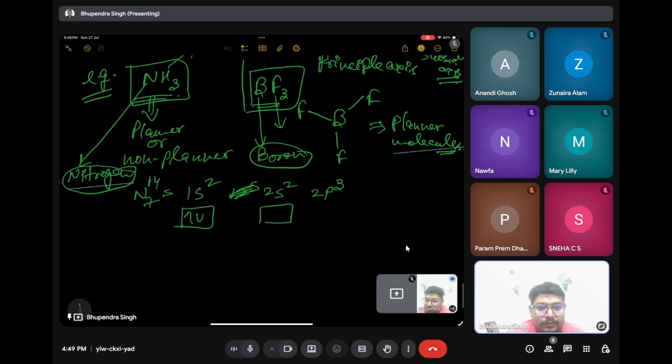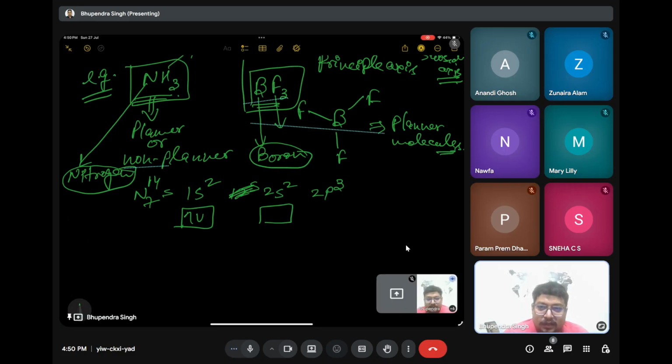Maybe you find this very simple, easy, and boring, but believe me, this is the basics. If you learn it properly, you will be able to find the point groups of any complex molecule.